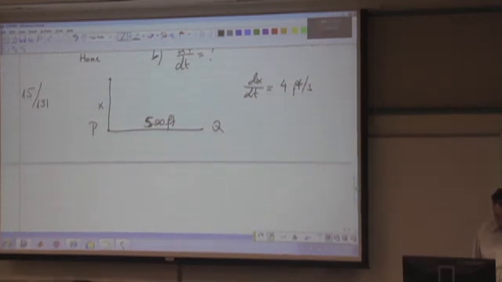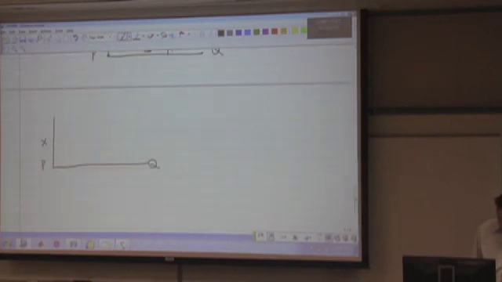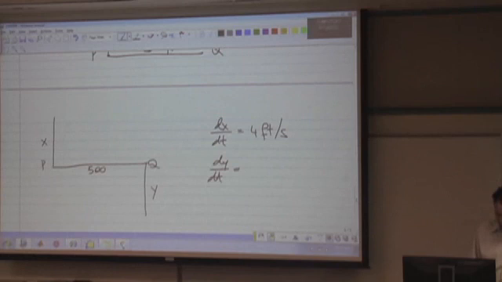Okay, I'm running out of picture space over here, so let me draw it again. This is P, this is Q, this is X, this is going to be Y, 500. So dx over dt is 4 feet per second, dy over dt is 5 feet per second.